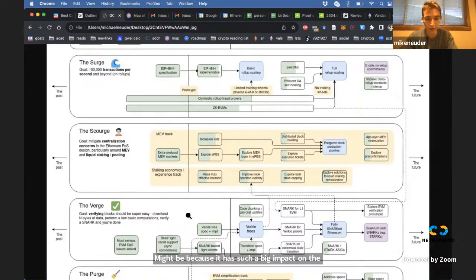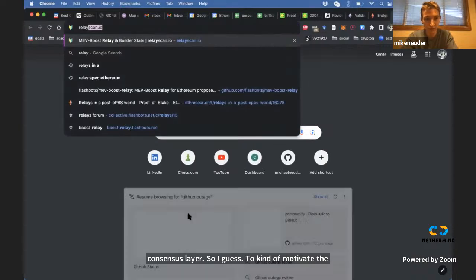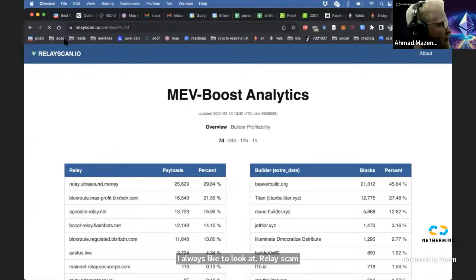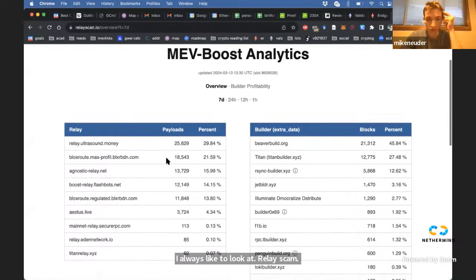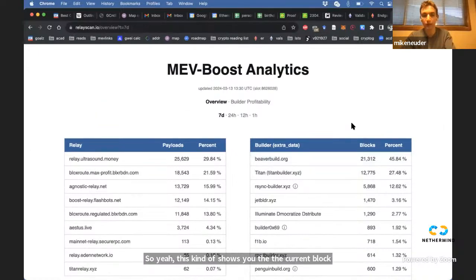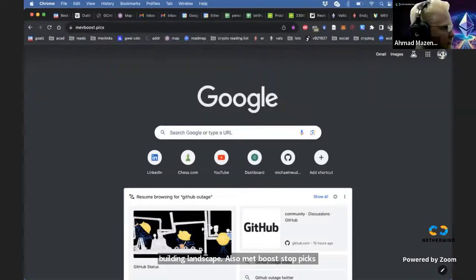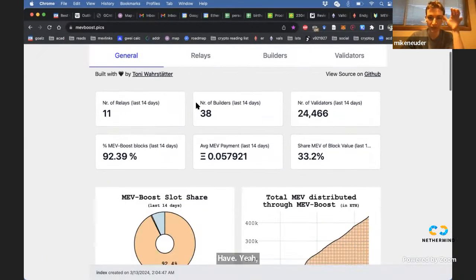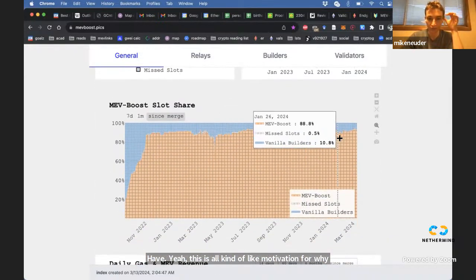So to motivate the reason for addressing some of these issues, I always like to look at relay scan. This shows you the current block building landscape. Also mevboost.pics. This is all motivation for why we have to do something about the current MEV landscape.